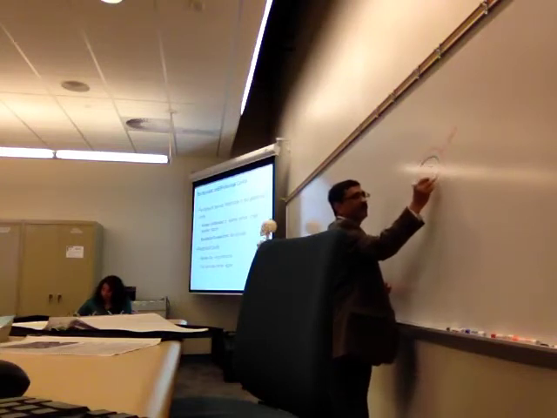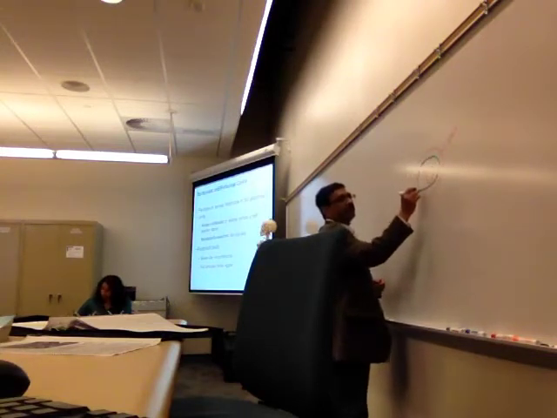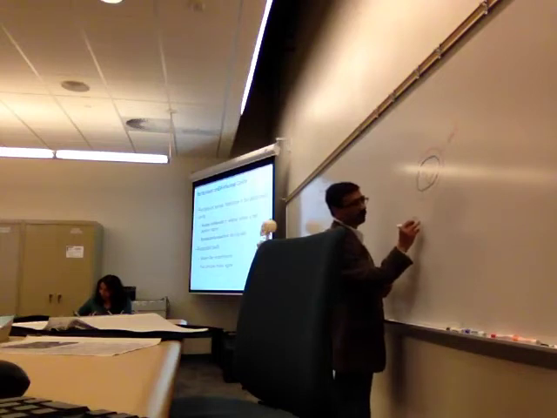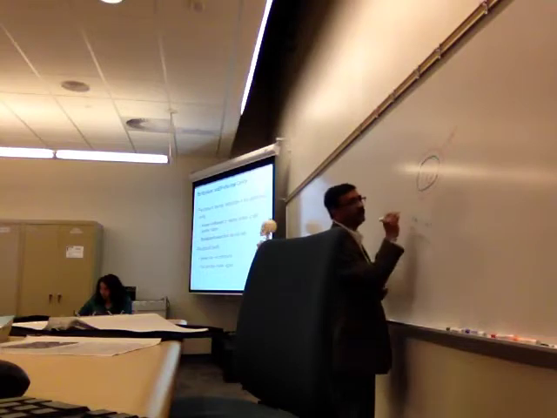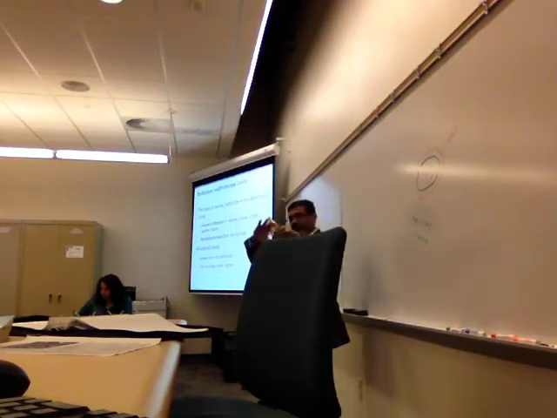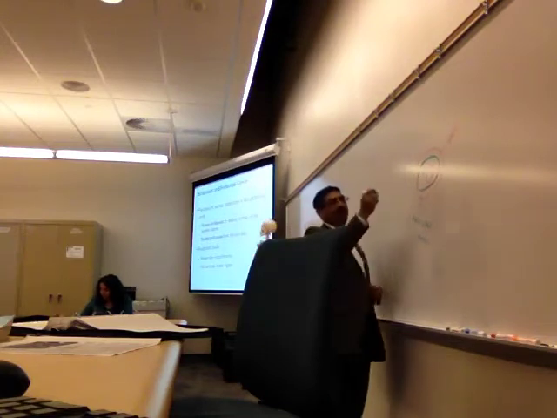So this is the parietal layer of peritoneum, okay? Attached to the inner surface of the wall of the abdominal cavity.